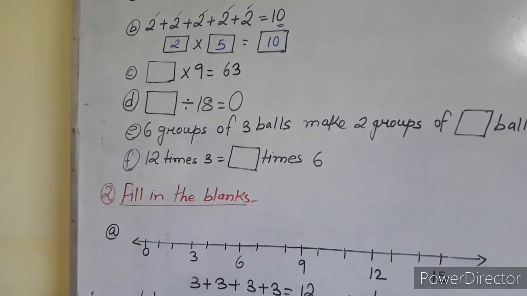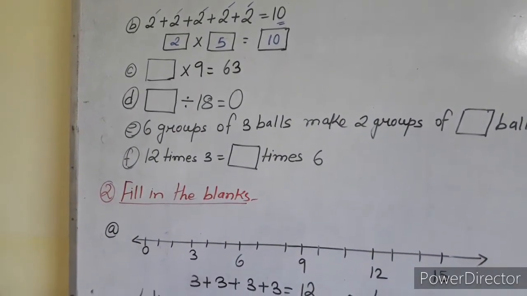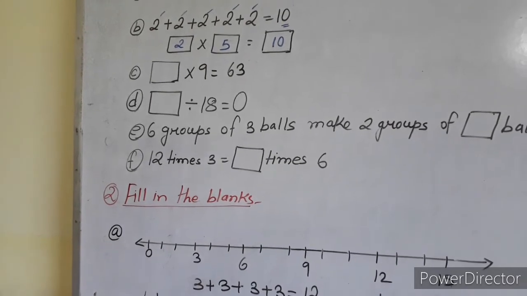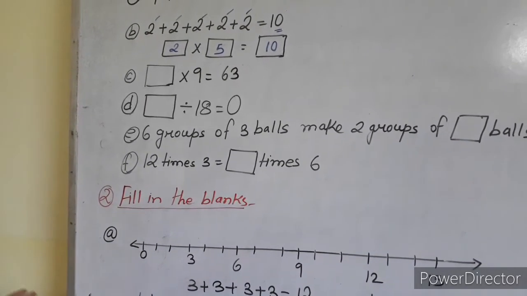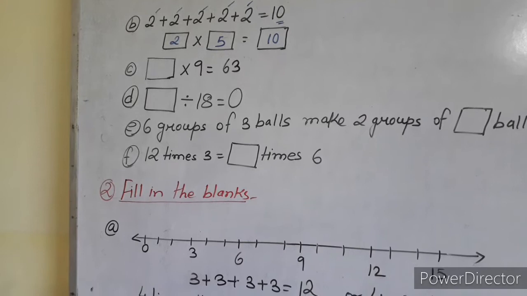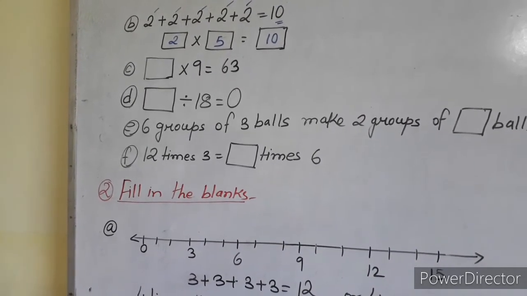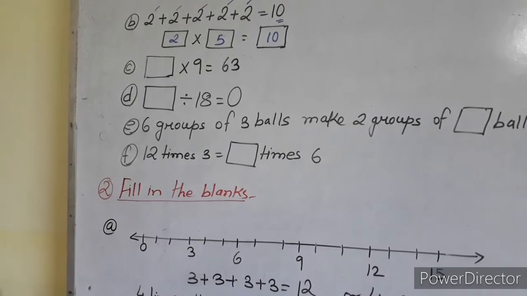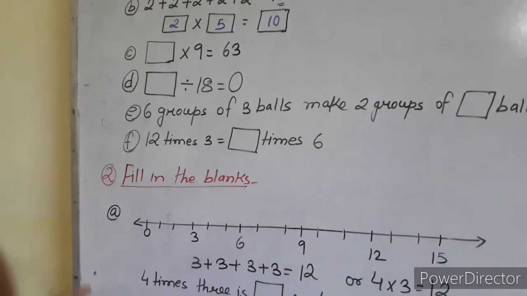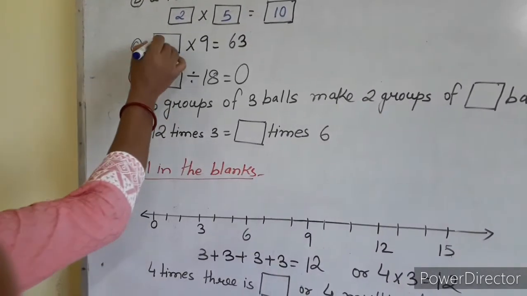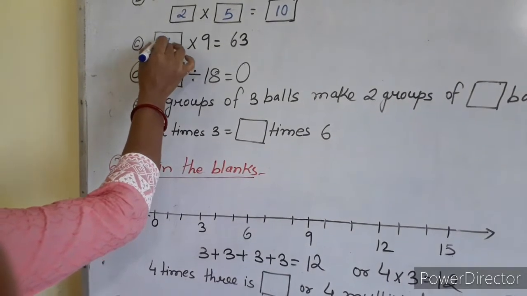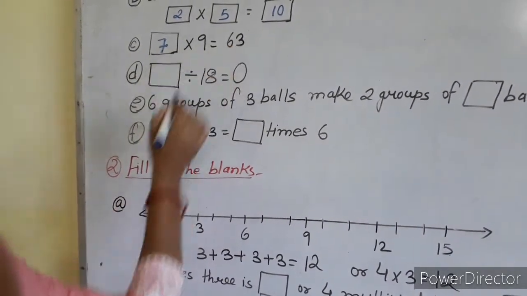So you can count the table of 7. 7 1 is 7, 7 2 is 14, 7 3 is 21, 7 4 is 28, 7 5 is 35, 7 6 is 42, 7 7 is 49, 7 8 is 56, 7 9 is 63. See, in the table of 7 we have the number 63.